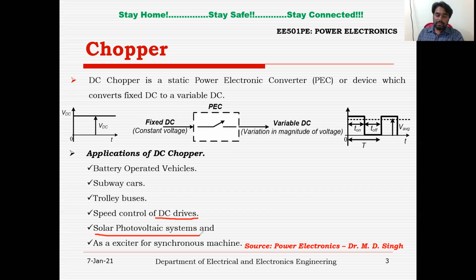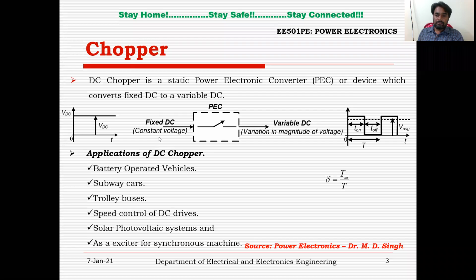That means you will get a variable DC from a solar panel. That variable DC can be connected to the grid or DC grid, where you can make use of this DC chopper, where the DC chopper will convert the variable DC to a fixed DC, right? Similarly, you can use this DC chopper for excitation of a synchronous machine. So these are a few applications of this DC chopper.